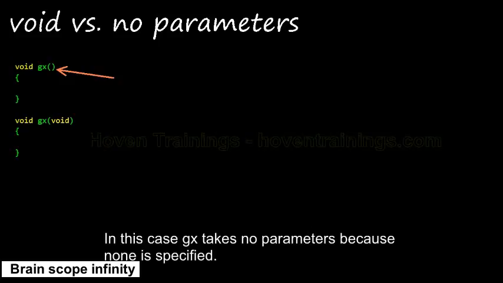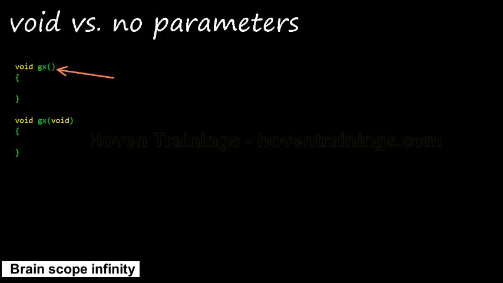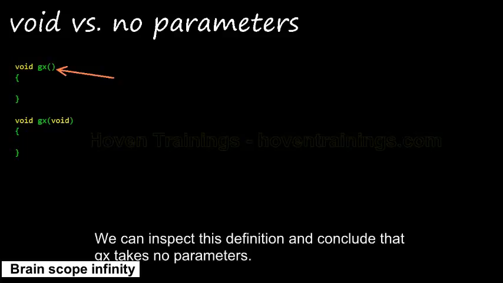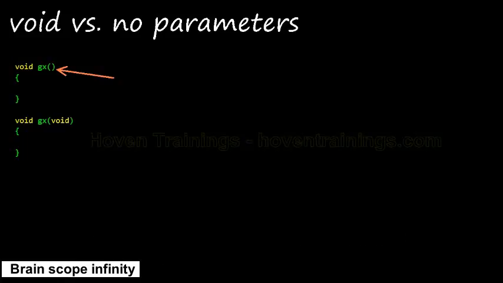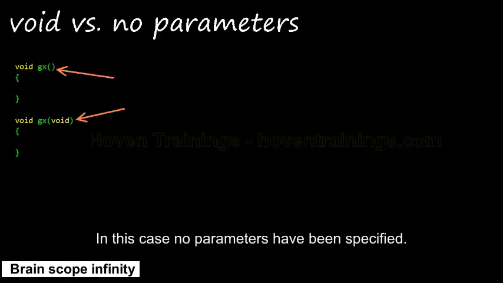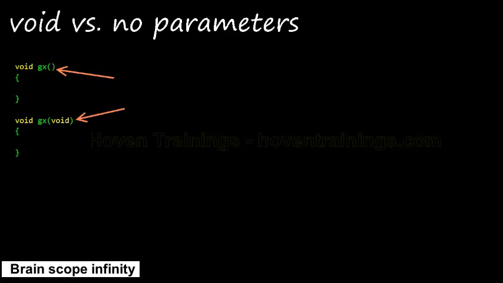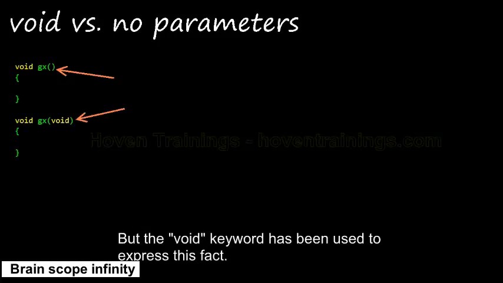In this case, gx takes no parameters because none is specified. We can inspect this definition and conclude that gx takes no parameters. In this case, no parameters have been specified. But the void keyword has been used to express this fact.